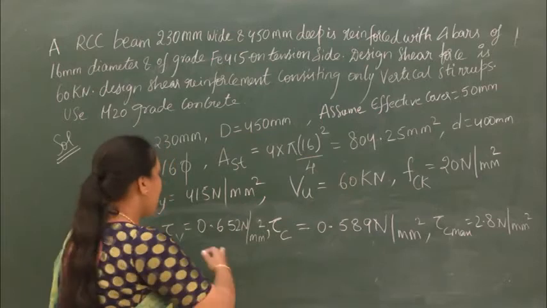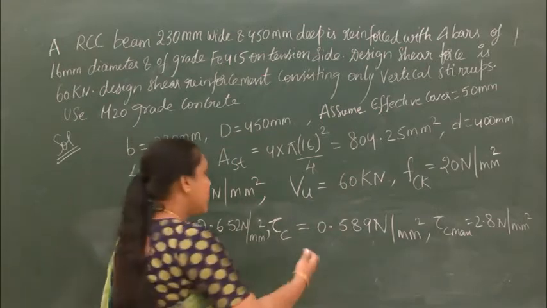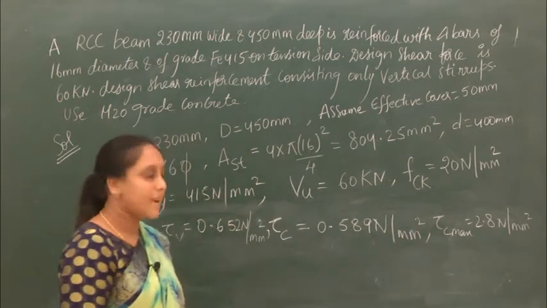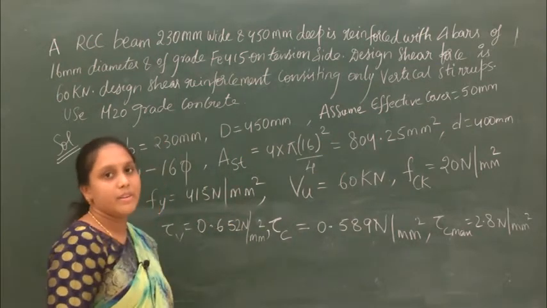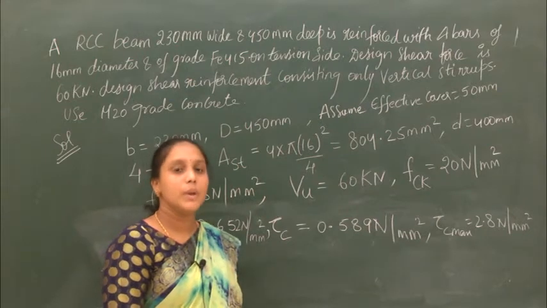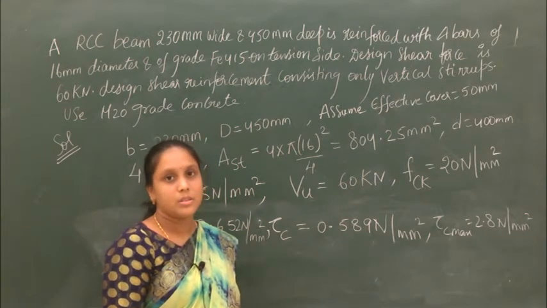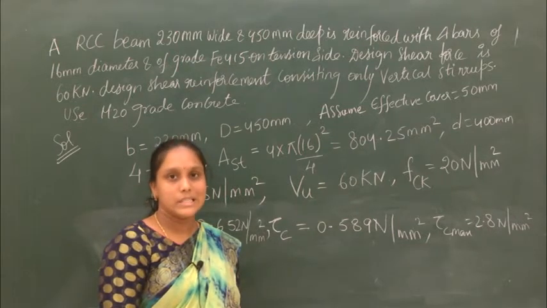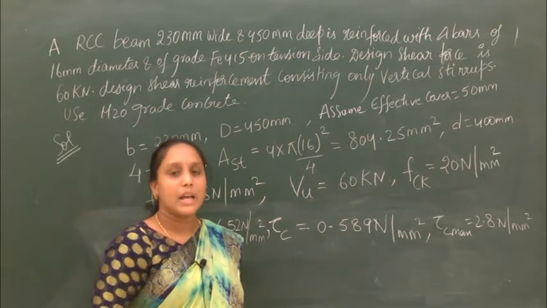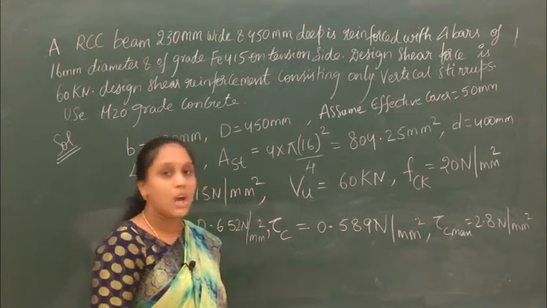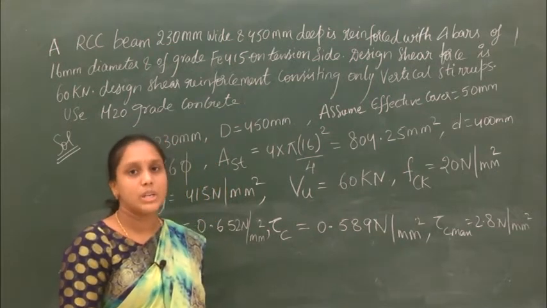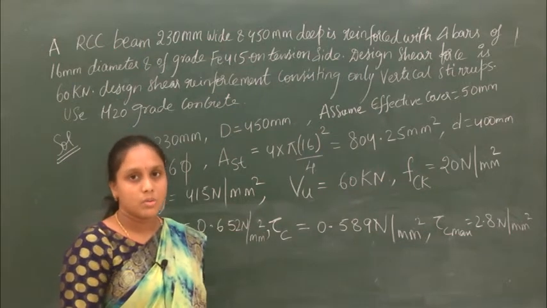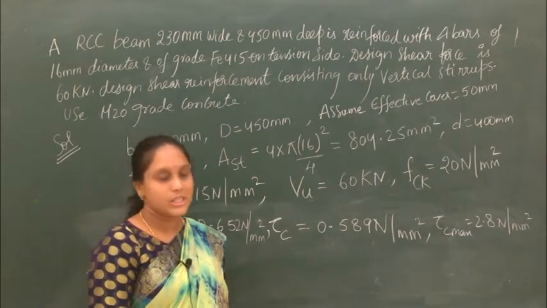In the previous classes we have already discussed that we have three cases. In one case, tau v is less than tau c. The other case is tau v greater than tau c, and the third case is tau v greater than tau c max. So we have to check for all these cases now.